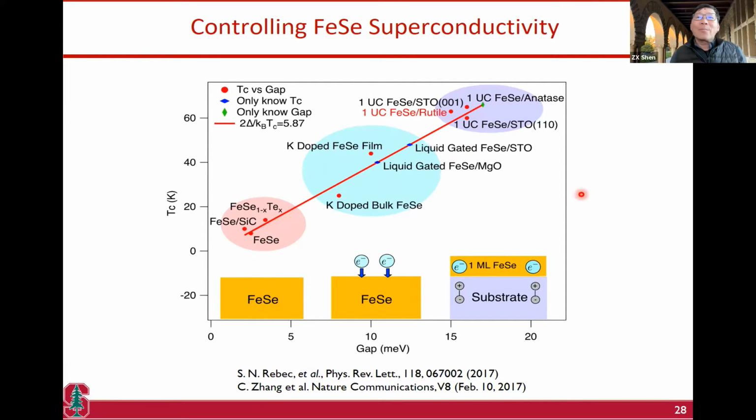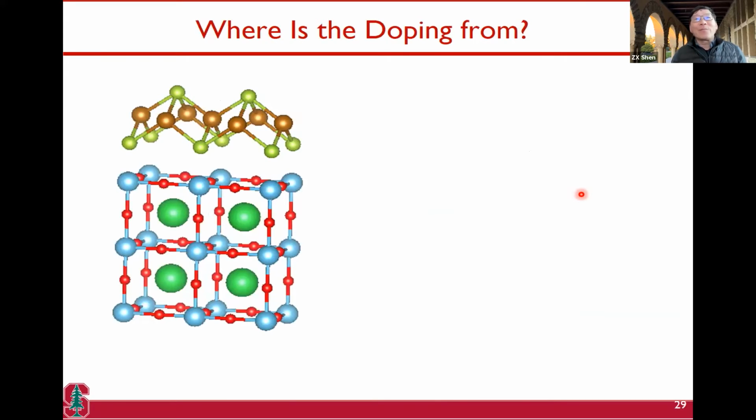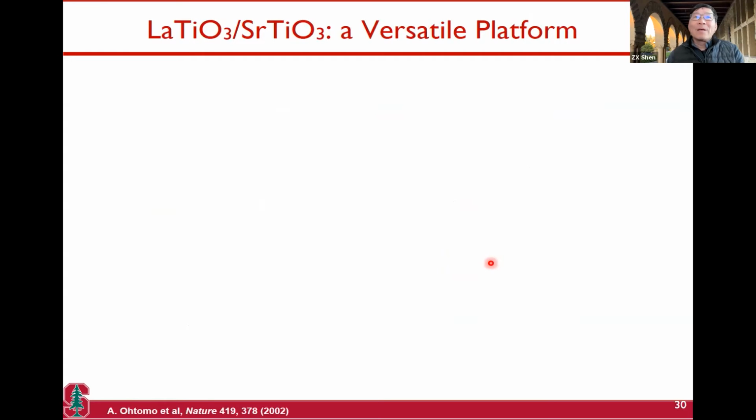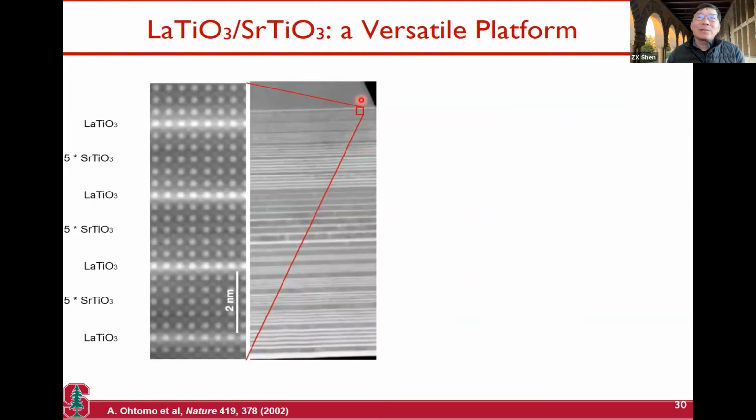So more recently, we did a more detailed study. So the question is where is the doping coming from? And if you put iron selenide on a substrate, then of course there's band bending and charge transfer, a phenomenon that's very typical. So what we want to do is to use the lanthanum titanate and strontium titanate as a platform.